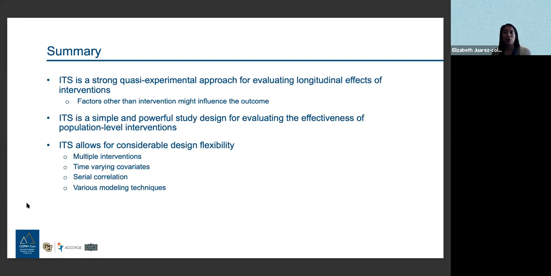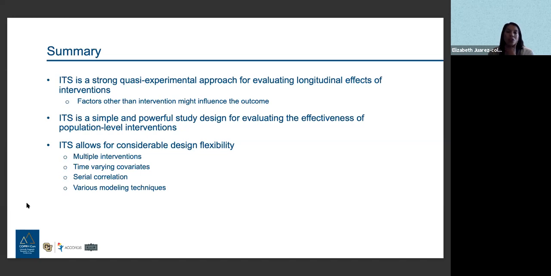ITS allows for considerable design flexibility. As Angela was mentioning, this could be extended to having multiple interventions. So you just add segments to your regression model, right? As long as you know the timing of when the intervention is implemented. There could be time varying covariates, and if we are able to use individual level data, it might be easier to deal with those time varying covariates in that framework.